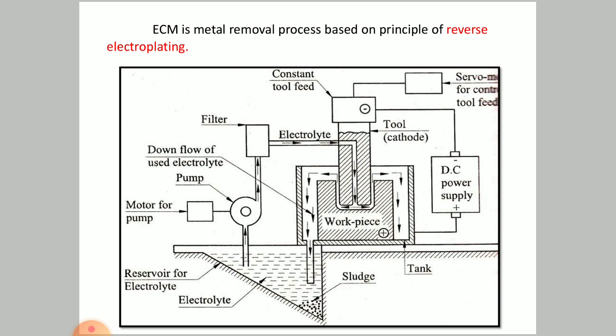Again, you can observe the DC power supply, right? The positive terminal is connected to the workpiece and the negative terminal to the tool. As we connect this system to the power supply, and of course with the flow of electrolyte solution through the hollow cutting tool, that is the cathode, the electrolyte strikes the workpiece.